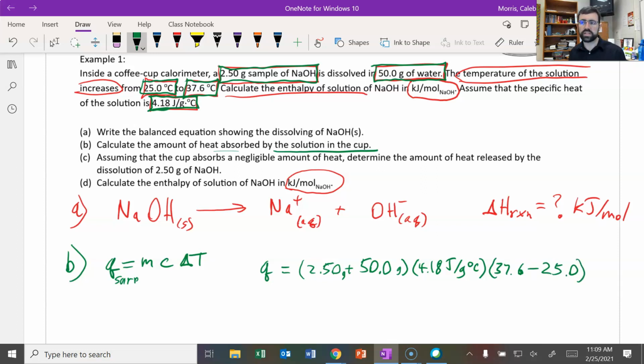If you use parentheses correctly, you could do that all in your calculator in one step.